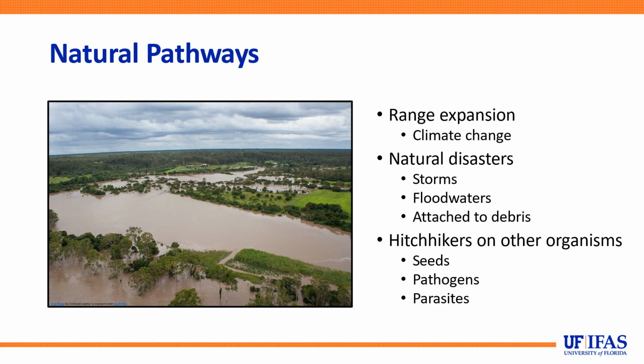Natural disasters such as hurricanes can move or introduce non-native species. Flooding on the coast or inland can connect water bodies to each other. It can push species further inland to places they wouldn't have been able to reach on their own. Or they could have floated in on debris and ended up in a new place. Hitchhikers such as seeds, pathogens, and parasites can use other organisms as a means to move to new places.